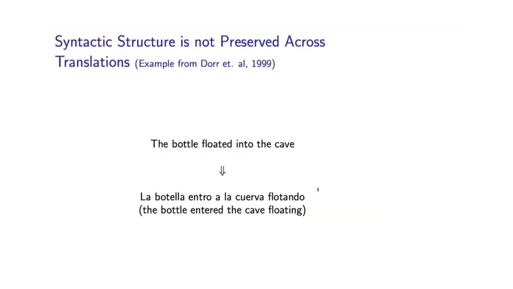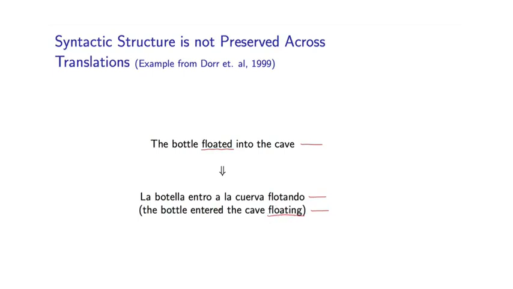Here's another example from the article by Dorr et al. This is an interesting property where you can see that syntactic structure is not necessarily preserved across translations. Different languages can express concepts in fundamentally different ways. Here we have an English sentence, the bottle floated into the cave, and here is the Spanish translation, and here's actually a paraphrase of that translation. You'll see that the translation literally is the bottle entered the cave floating. What's going on here is that the verb floated has become essentially an adverbial modifier.